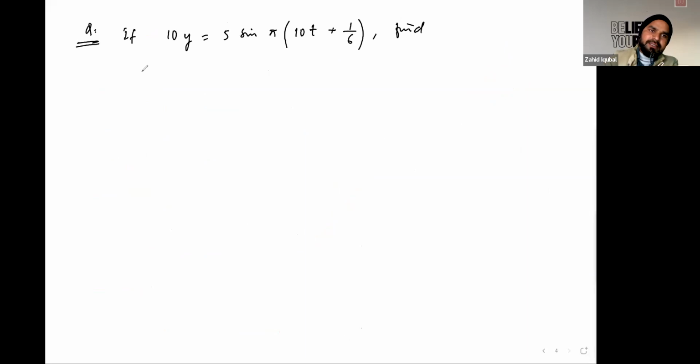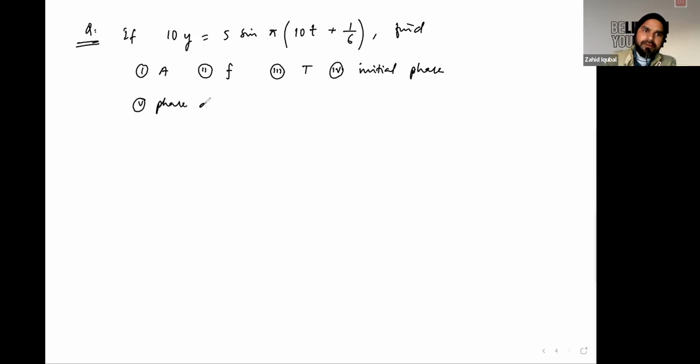From this, find first amplitude, second frequency, time period, initial phase, phase at 0.2 seconds, displacement at 1.5 seconds.